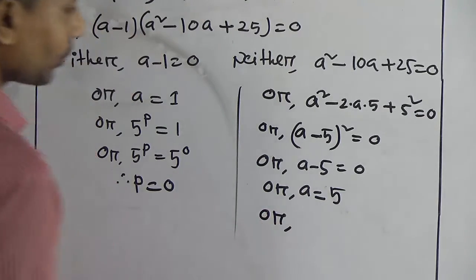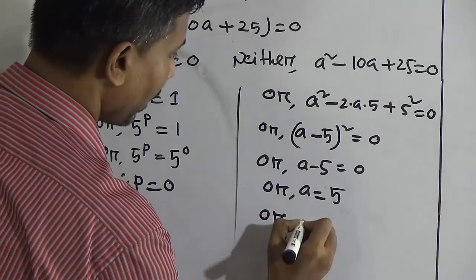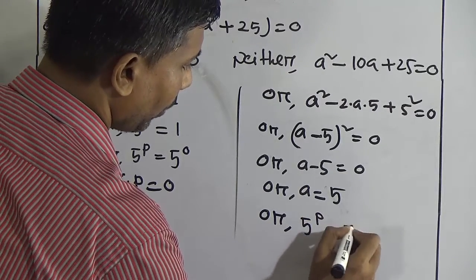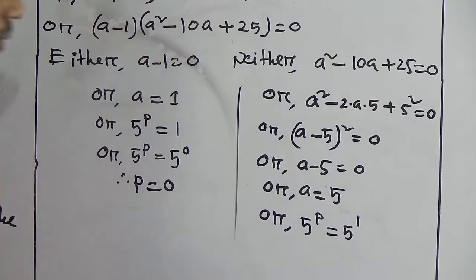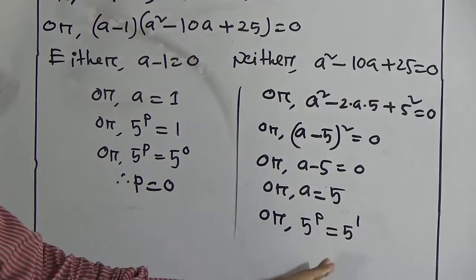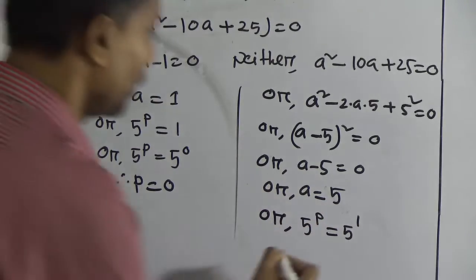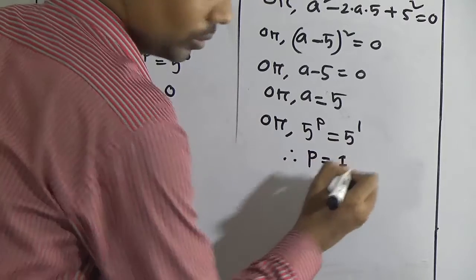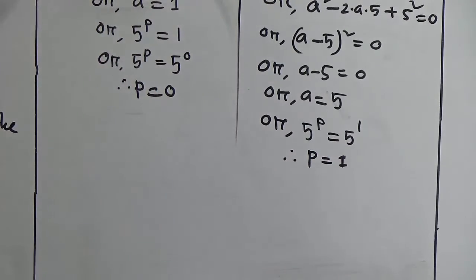Now a equal to what? A equal to 5 power p, and see 5 we can write as 5 power 1, because 5 power 1 means 5. Therefore 5 vanish, then p equal to 1. Okay, student?